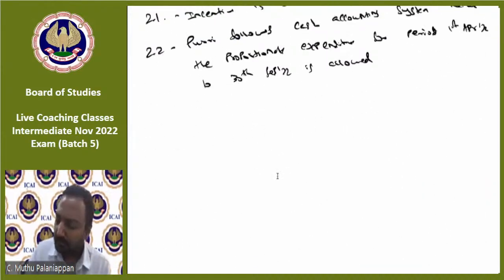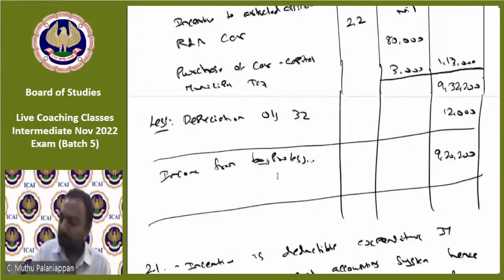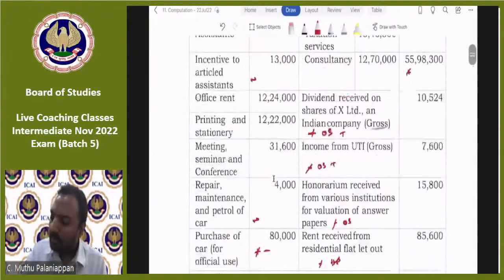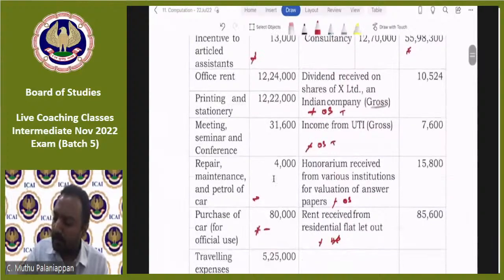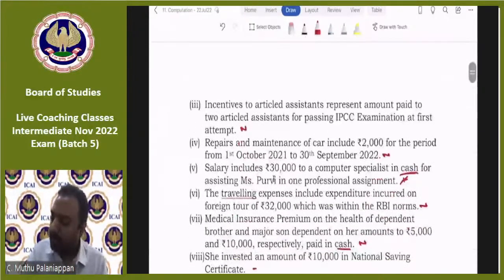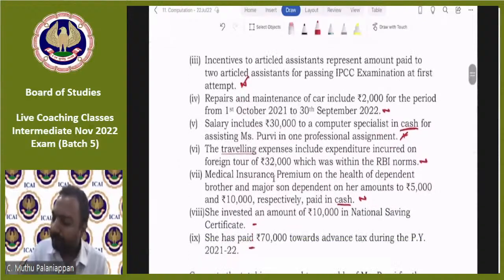Next, any other notes we are talking about? Now we have written incentive to paid article assistant, and repair and maintenance is done. There is one more note, traveling expense, so we can also write that.